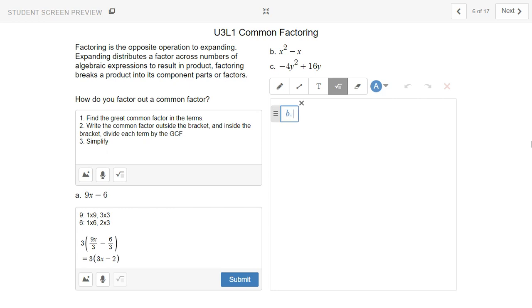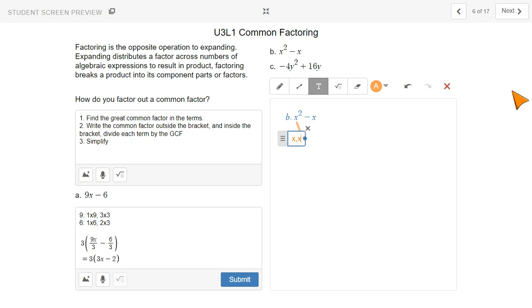Okay, let's try it for a question where we're looking at variables instead of numbers. Now, for variables, instead of looking at the greatest number, we're looking at the number of common variables we have.